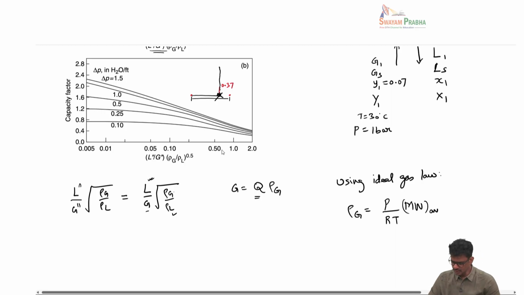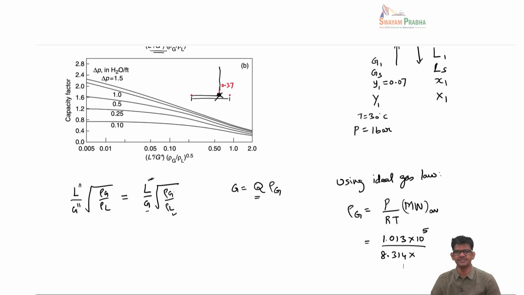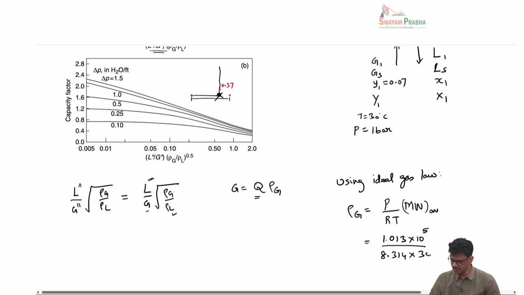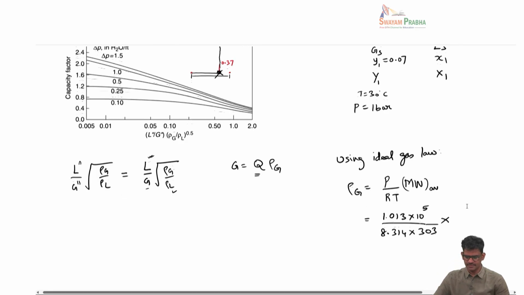Pressure is mentioned here as 1 bar. I am going to do everything in SI units and later change to English units. 1 bar is so many pascals, then the gas constant, and temperature is 30 degrees Celsius, which in Kelvin is 303 Kelvin.